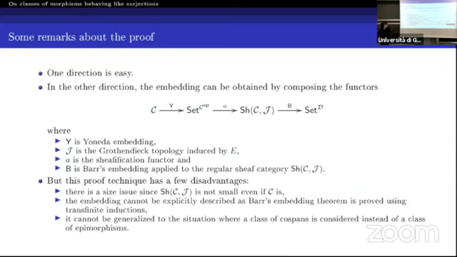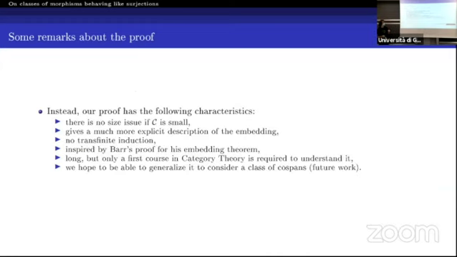So with this proof it's going to be hard, but I have another proof I'm not going to present to you. But in the proof I have, there is no such issue, and it gives an explicit description of the embedding. And in this explicit description, there are absolutely no transfinite inductions. So that's something I like.